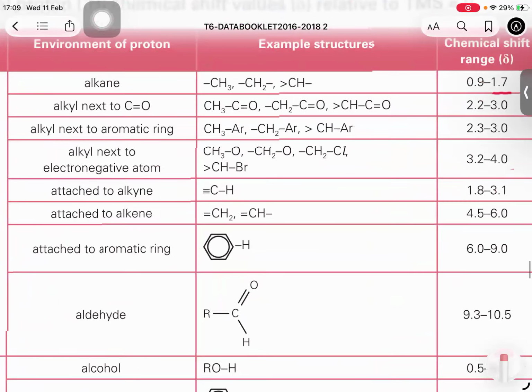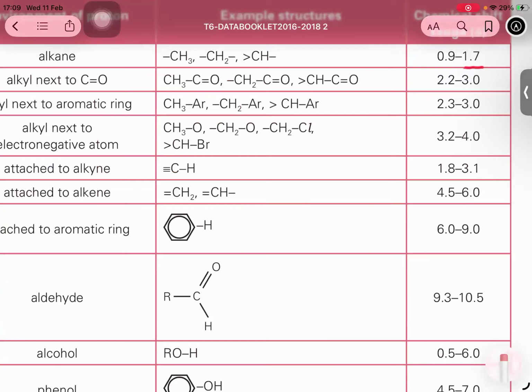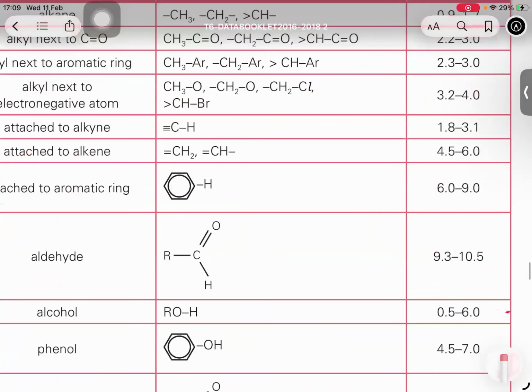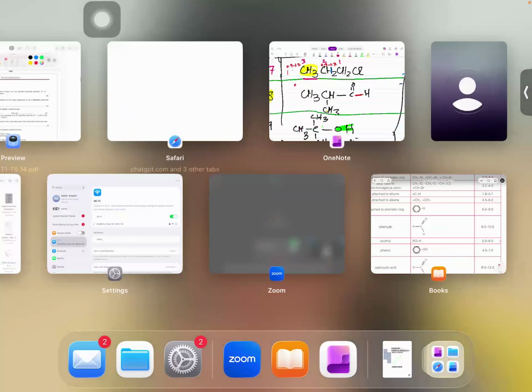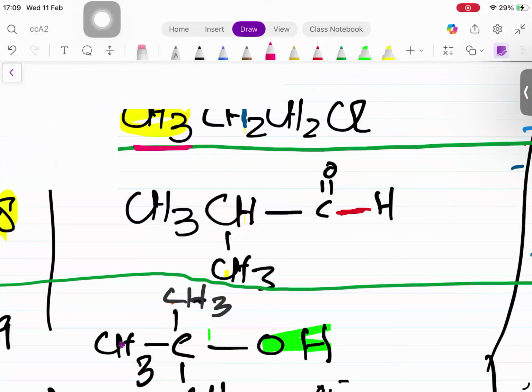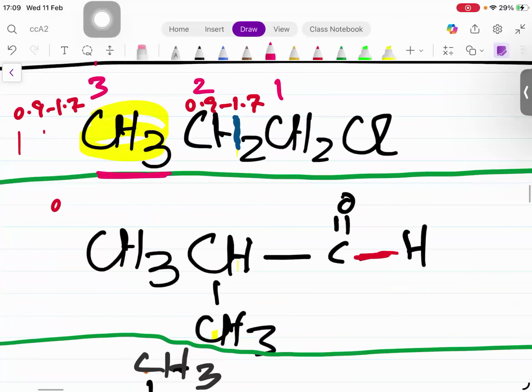Here it is, 3.2 to 4. Why couldn't you find this? You see, next to oxygen, next to halogen. That is alkyl. You see, this is the alkyl, but next to Cl, 3.2 to 4. So how many peaks?